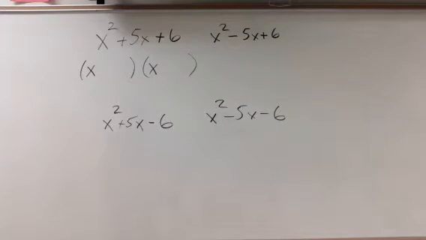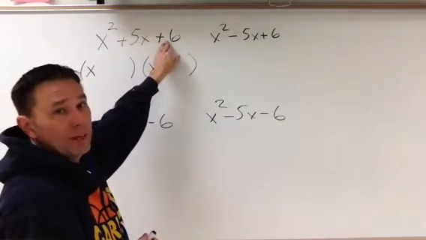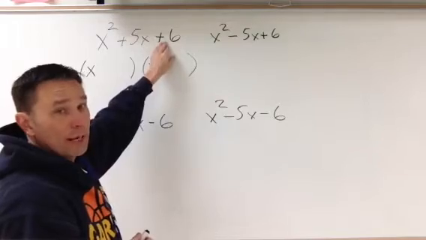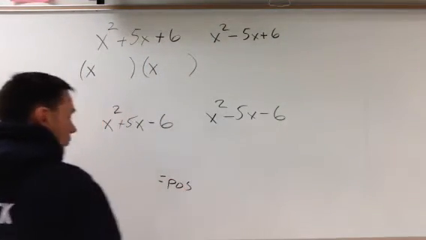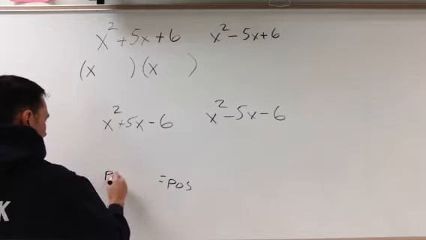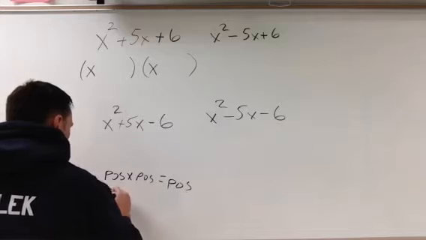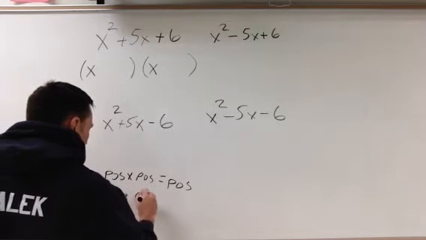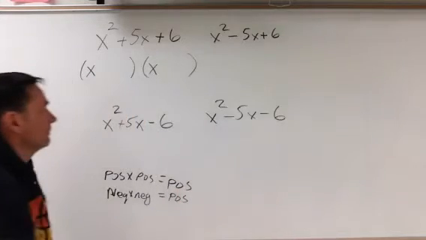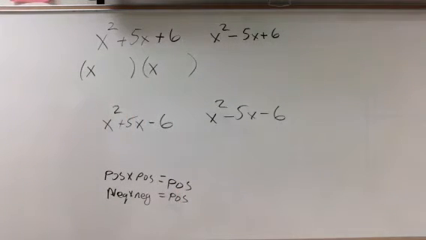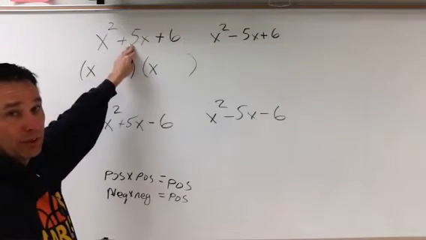Now, the next thing I like to look at is the last term. This is a positive number. In order to get a positive number, when we multiply, we can do one of two things. It is a positive number times positive number, or a negative number times negative number. That also equals positive. But we also have to think about adding these two numbers to get this number in the middle.